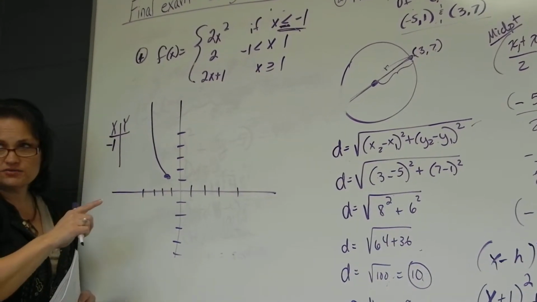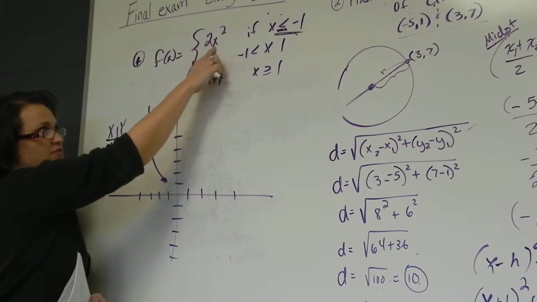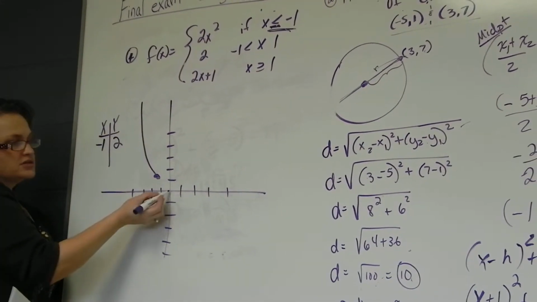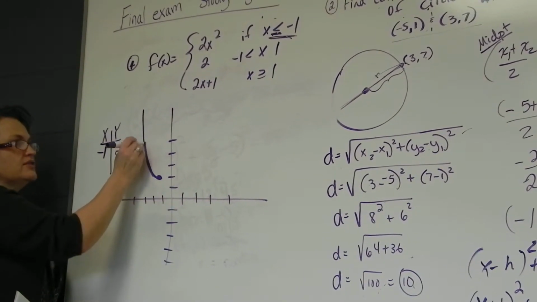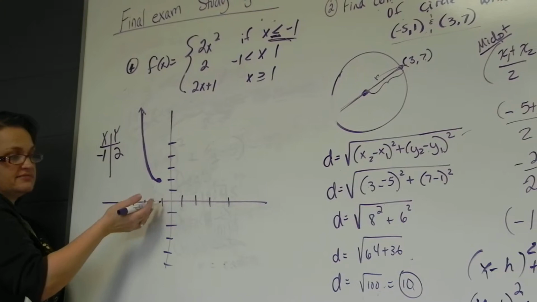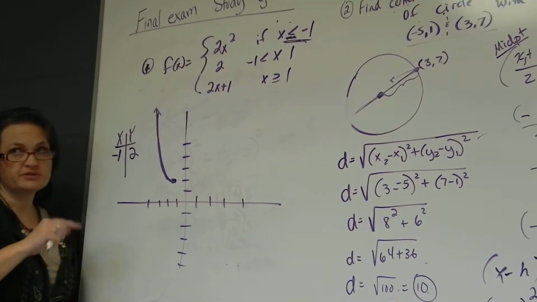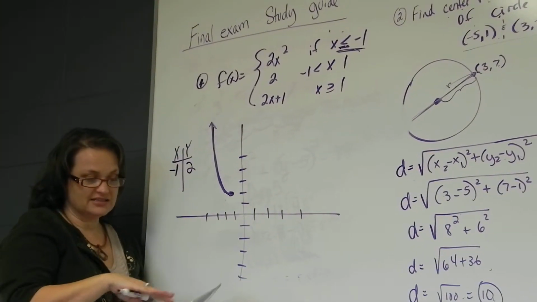So at x is -1, if I fill that into my graph, 2 times -1 squared, which would be 2 times 1, is 2. So back 1, my graph should be up 2. And if you want some more points, you could plug in -2, -3, and make sure. But anyway, I need to be real specific about where that curve comes into my graph, since the answers are close.